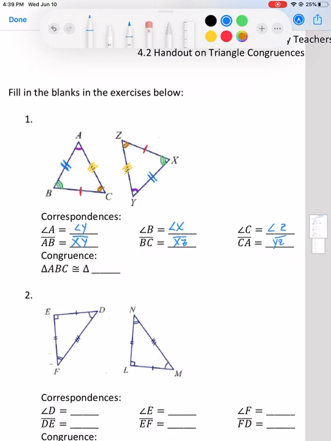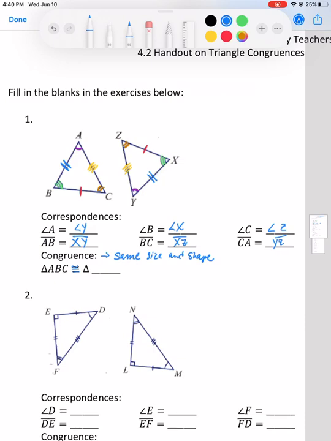The congruence statement. Congruence is a word that means the same size and shape. Okay, so it's like super equals, and that's why we have two marks there as the equal sign and then a little squiggle on top of it.